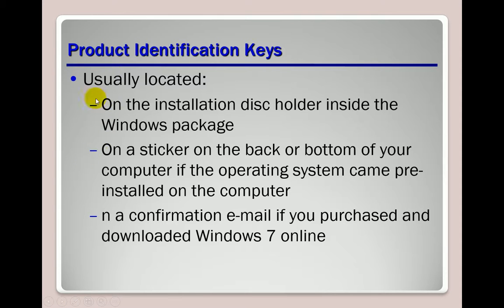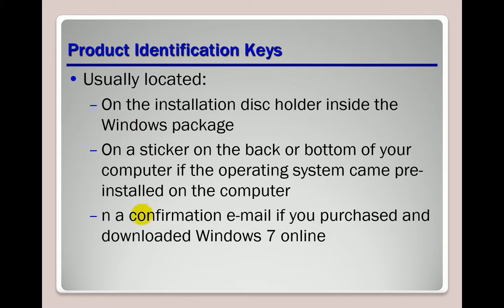Where is the CD key located, or the product identification key? Well, if you actually purchased a product that came with a disc, it is probably going to be somewhere inside that packaging. They're not going to put it on the outside for somebody to take it.